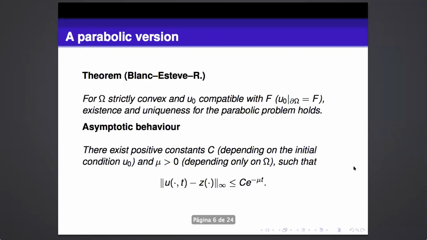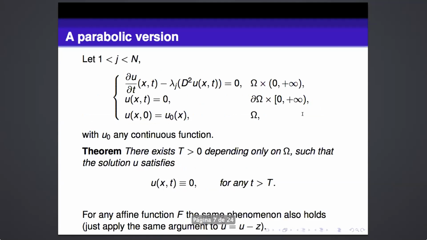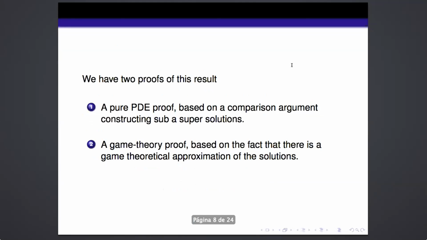This extinction that we have in general is much better when you face, let me say, 0 boundary conditions, or when you face affine boundary conditions. And we have two proofs of this result, of this asymptotic behavior and this reaching 0 in finite time. The first one is a pure PDE proof using sub and supersolutions. And the second one, in fact, the order was exactly the reverse.